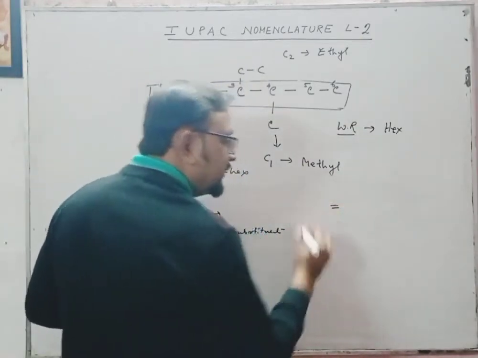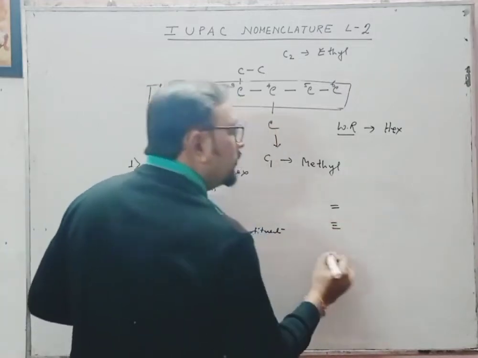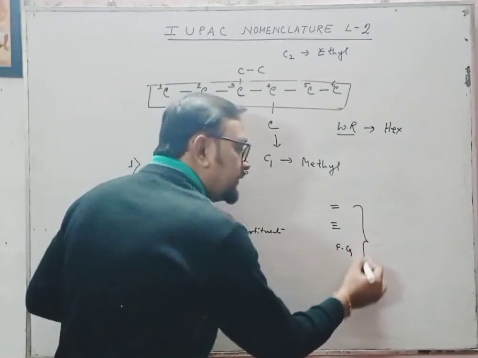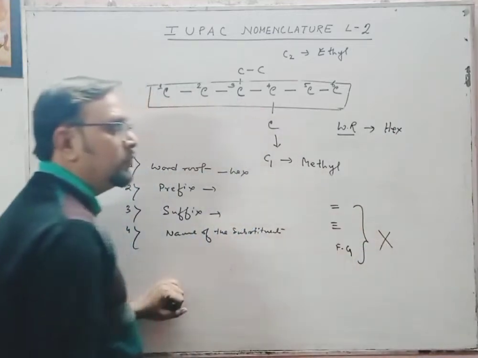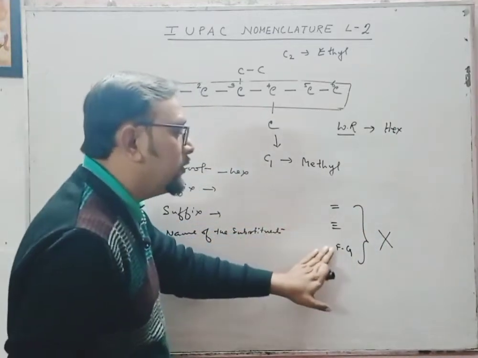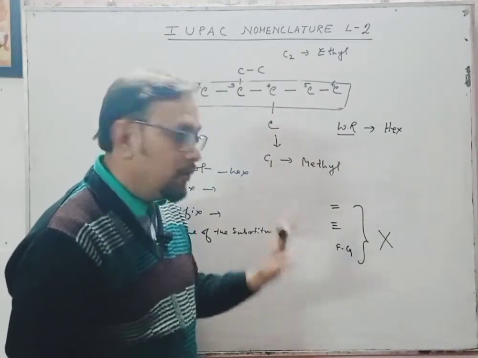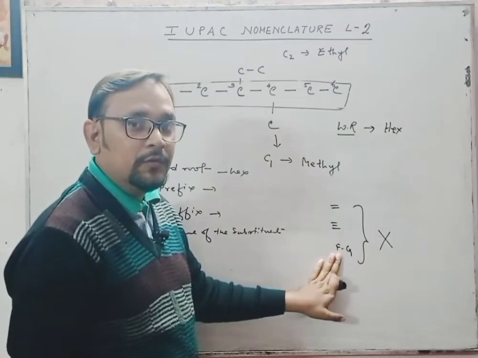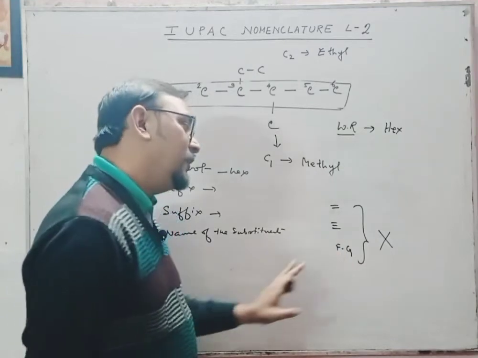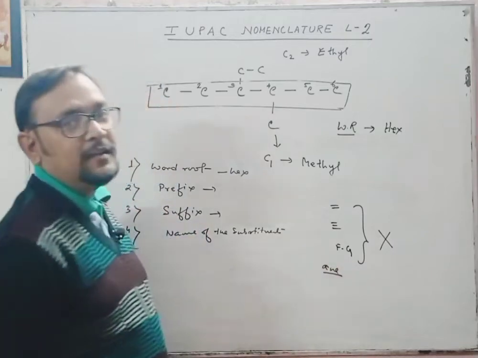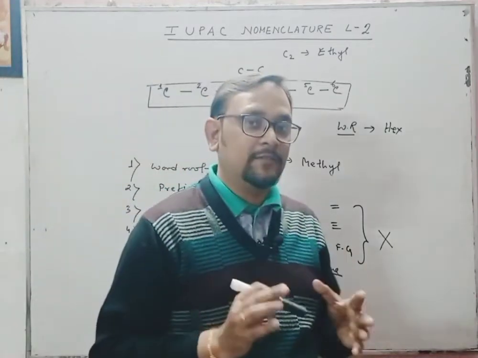If you are getting nothing, no double bond, no triple bond, no functional group present in between the carbon or attached with the carbon, then always use ANE, which means it is an alkane family.